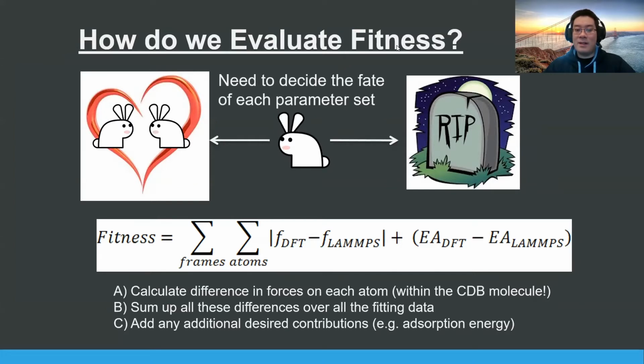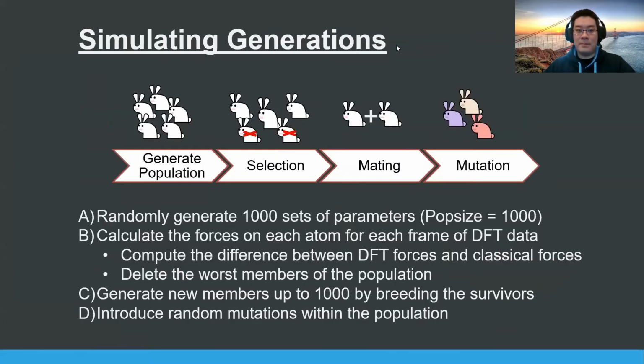So you could calculate the adsorption energy with each of these parameter sets and see how well they do at predicting that value and add that into the fitness as well. Now you do have to carefully balance all of these contributions so that not one of them can overshadow the rest. Now, once you are able to do that, you can simulate generations.